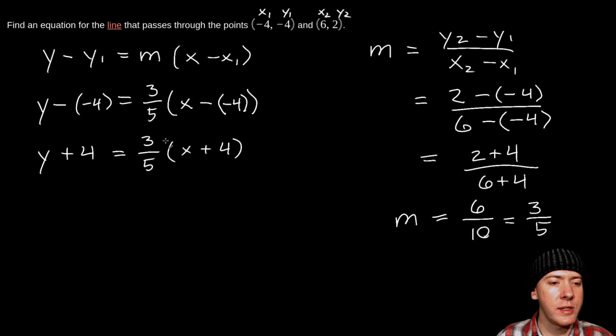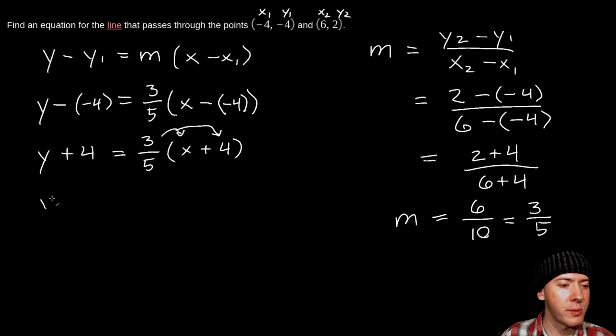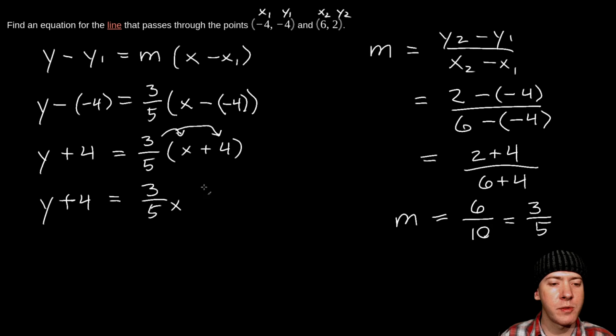Now, let's distribute this 3/5. So we're going to multiply it by x and by 4. So on the left, we'll still have y plus 4. 3/5 times x is 3/5 x. 3/5 times 4 is 12 over 5. Right? We just multiply the top.